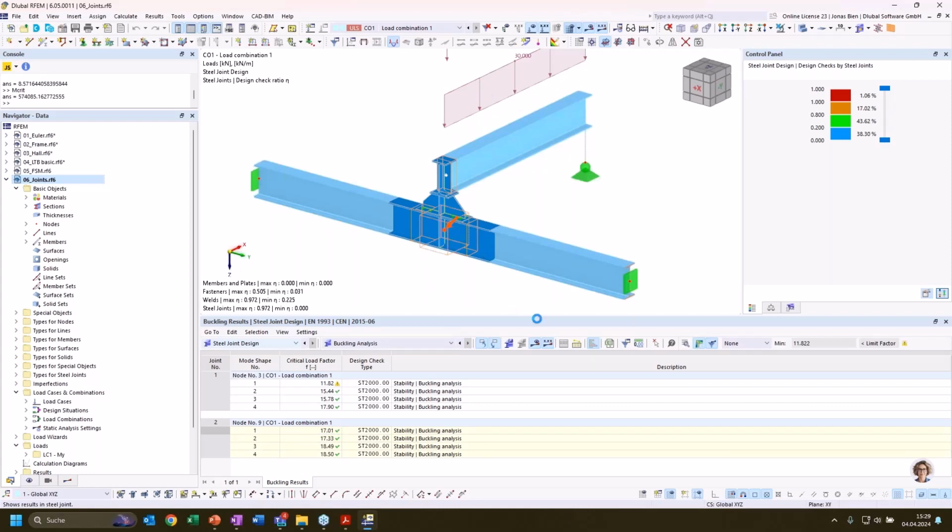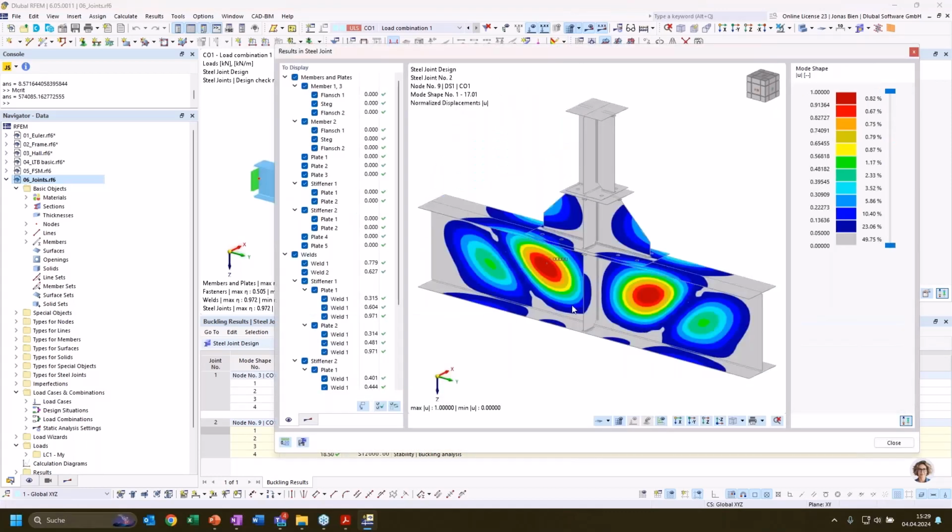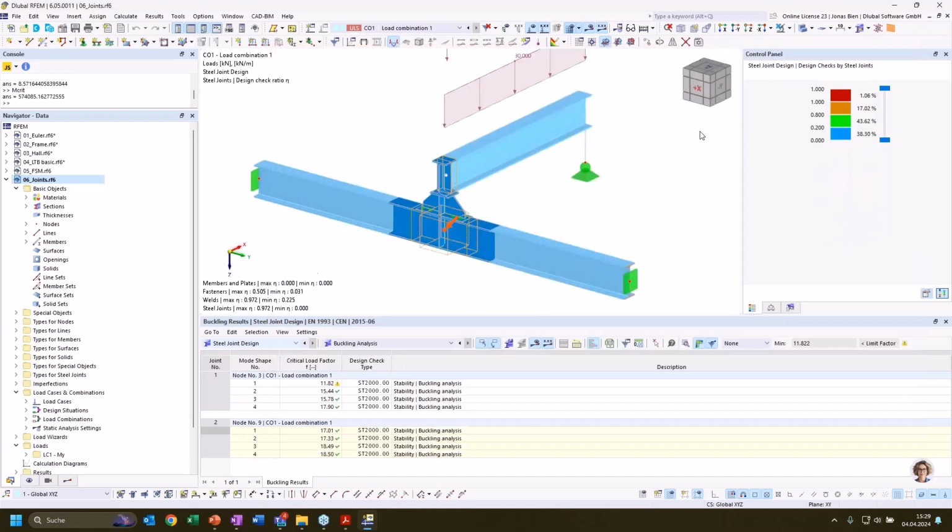And if I study the first mode shape, I see that my buckling panel is now divided by this stiffener. So every change directly affects the results of this buckling analysis.